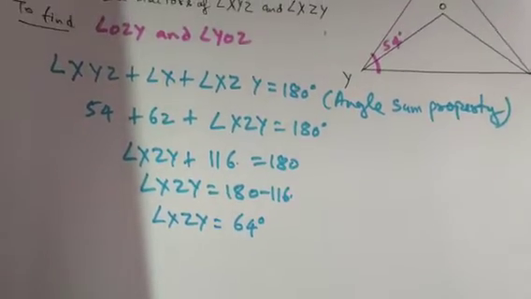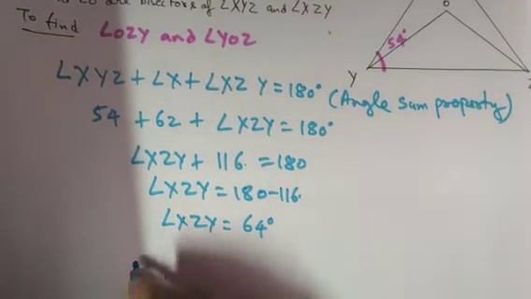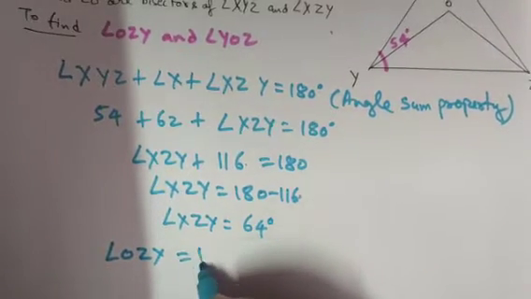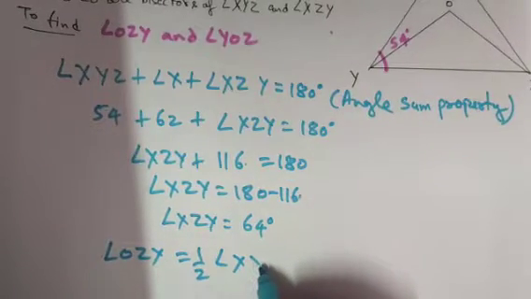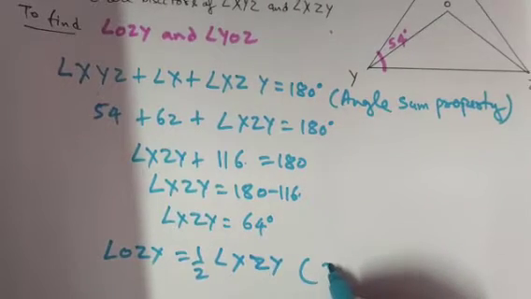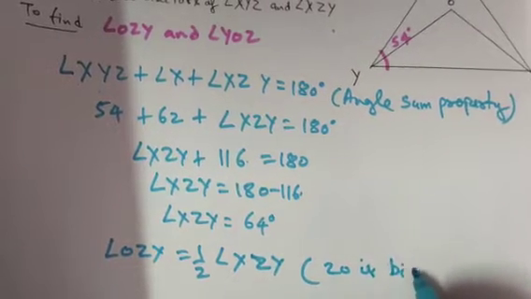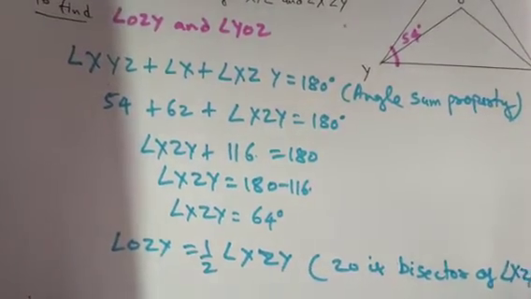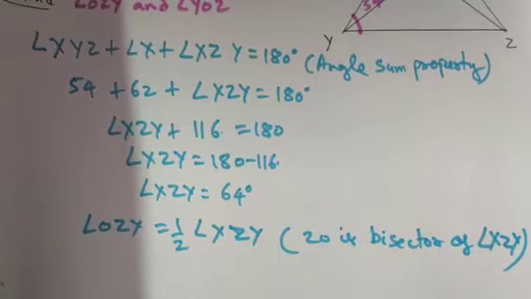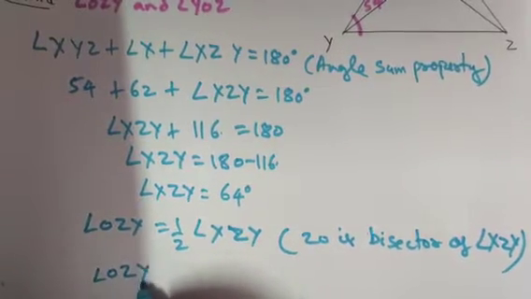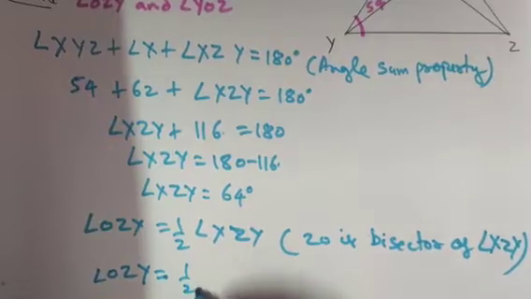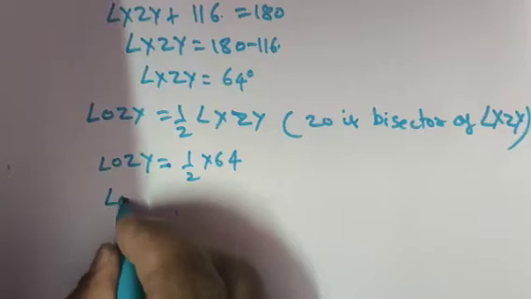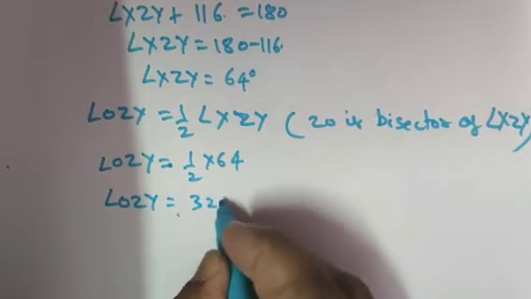So once we have calculated angle XZY, we can calculate angle OZY, because OZY will be half of angle XZY, because ZO is the bisector of angle XZY. So angle OZY will be equal to half of 64, that is 32 degrees.